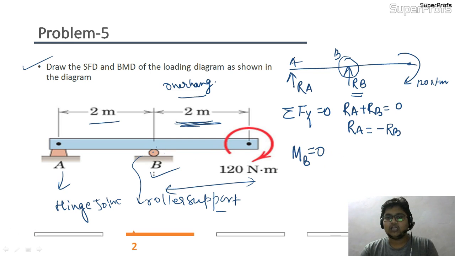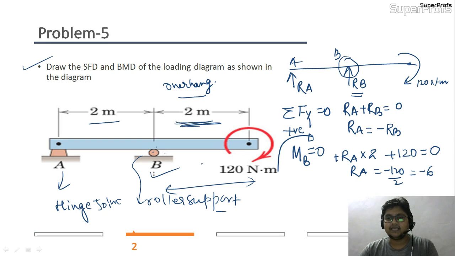Taking the clockwise moment to be positive as my convention, I get plus RA into the distance AB, that is 2 meter, and this couple is also acting in a clockwise manner, so it will be plus 120, which must equal 0. So RA is minus 120 by 2, that is minus 60. The value of RB, that is minus of RA, is plus 60.